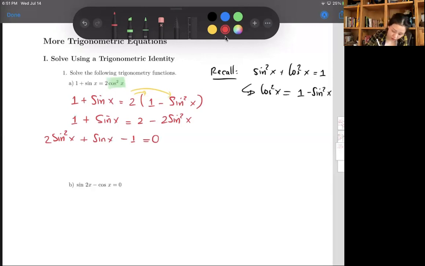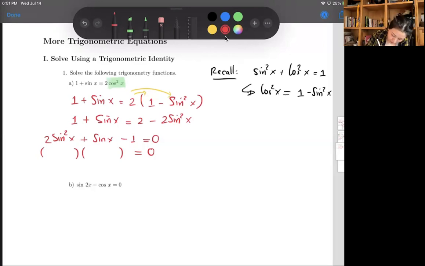If you're uncomfortable factoring it like this, you can let y equal sine x like we did in the previous video, where I let y equal cosine x, and then y squared equals cosine squared x. But I'm going to leave it like this and factor.